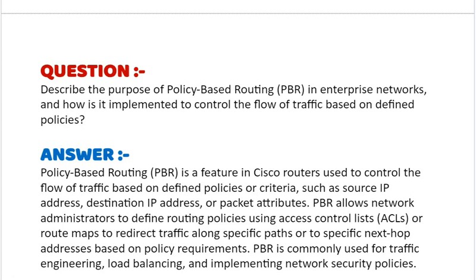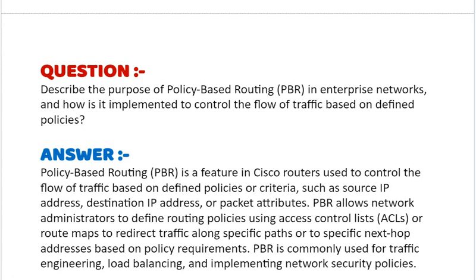Your answer should be: policy based routing (PBR) is a feature in Cisco routers used to control the flow of traffic based on defined policies or criteria, such as source IP address, destination IP address, or packet attributes.